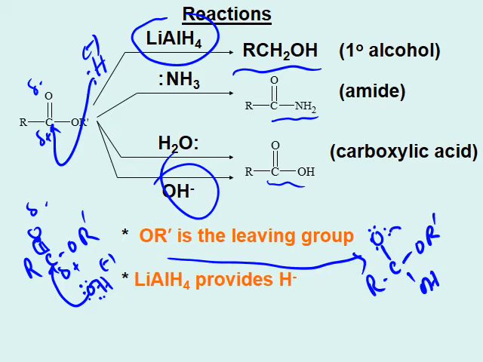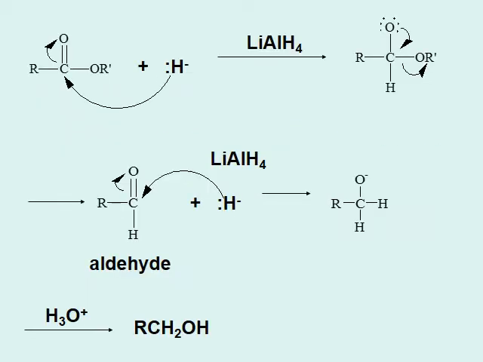Now this would try to get back its double bond. So then R prime O would be leaving to make room for double bonded carbon, and as it leaves you end up with this compound.